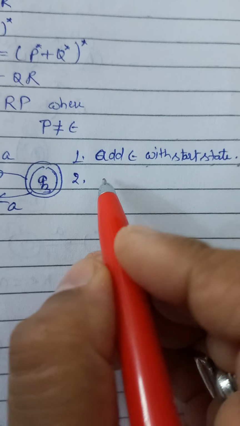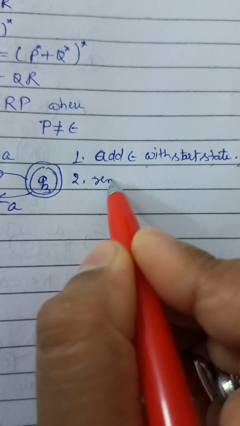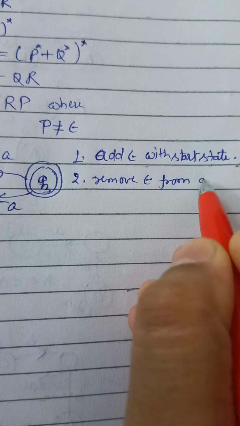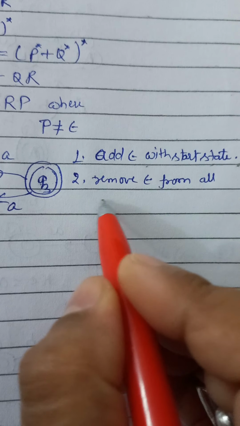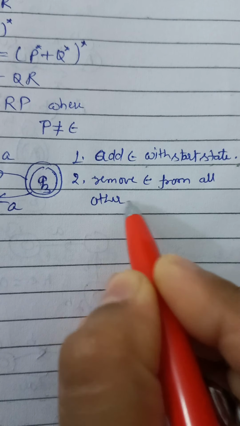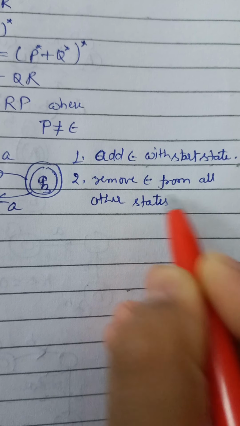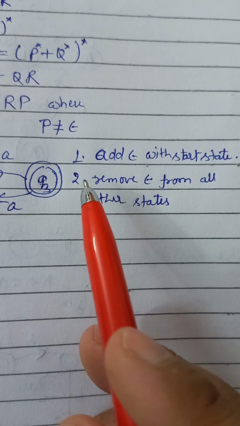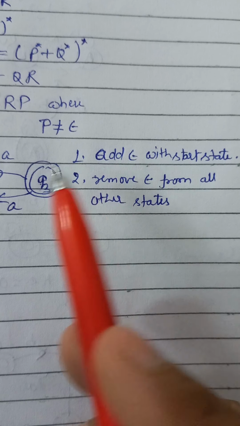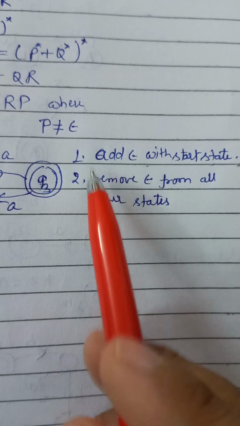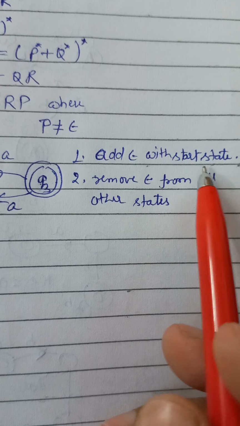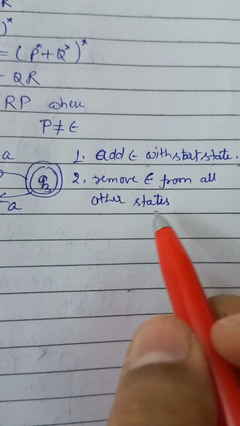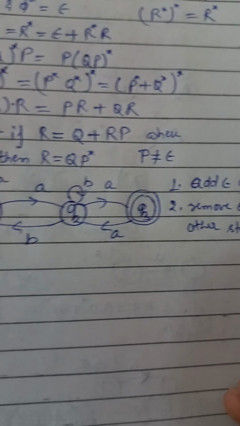And the second one, remove epsilon from all other states. There are a few rules to solve NFA or DFA to regular expression conversion by Arden's theorem, in which we have to follow these two rules: add epsilon with the start state and remove epsilon. If there is epsilon present in other states, then we have to remove epsilon from all other states.